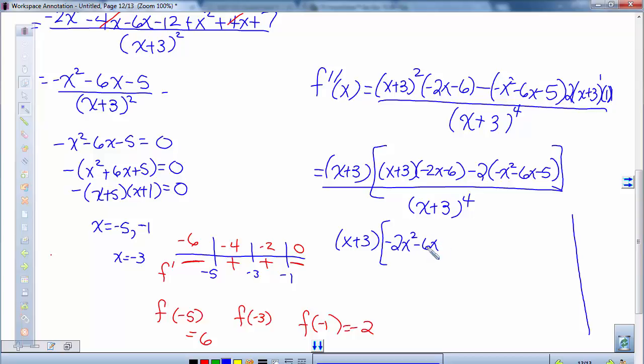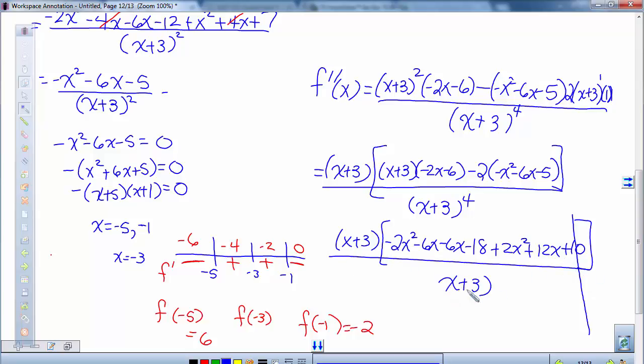Inner is minus 6x. And the last is minus 18. Then we're going to have plus 2x squared plus 12x plus 10, all over x plus 3 to the fourth.